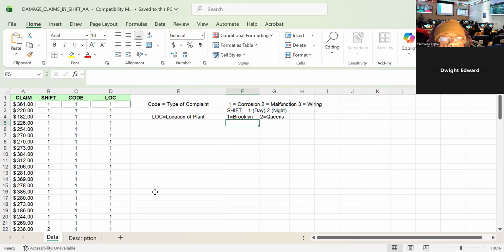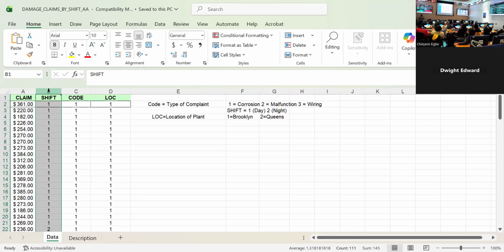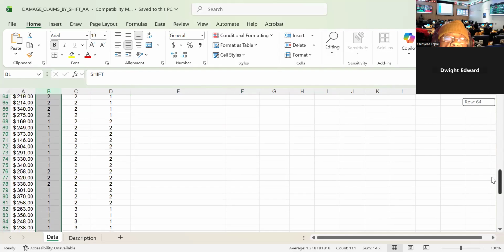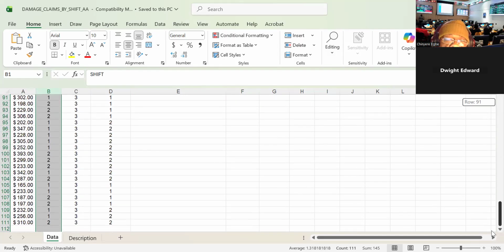Now, you have on the left column the amount of claim of damage, and next to it the shifts. The shifts are day shift and night shift, and they are coded 1 for day shift and 2 for night shift.